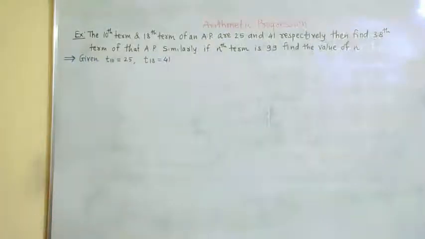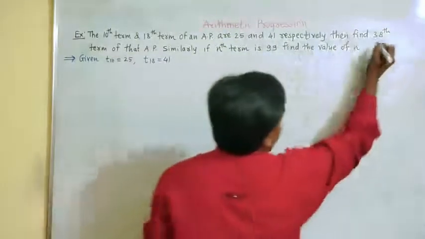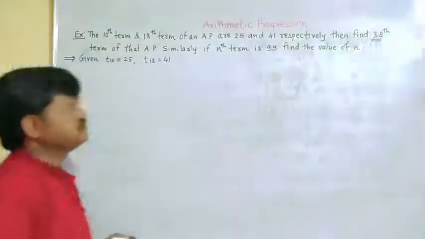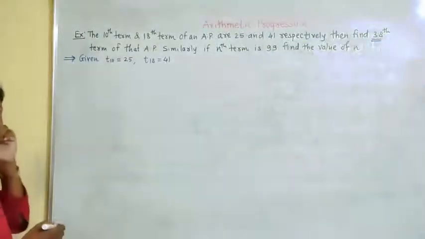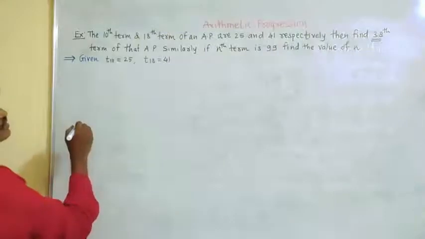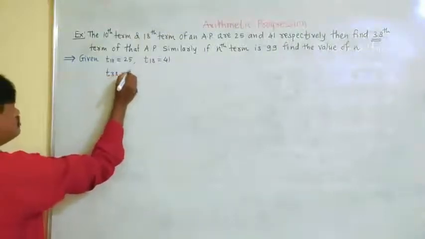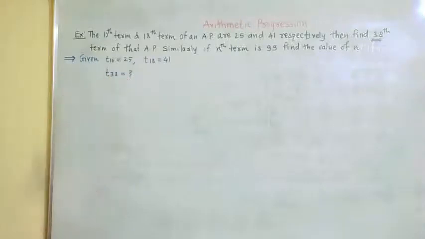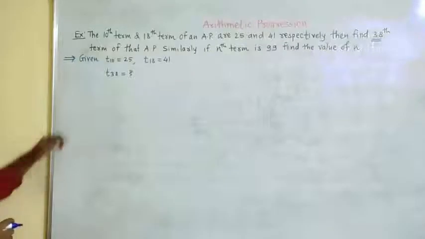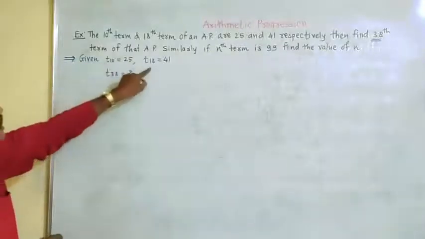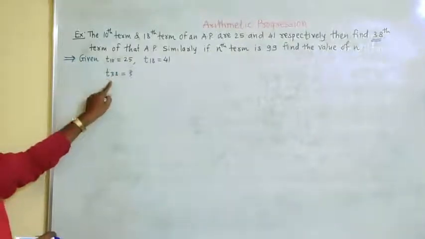And you find out first the 38th term. आपण पहिला भाग इथे घेऊ. The 38th term, that means T38, we calculate first. So there is given T10, T18 and asked is T38.